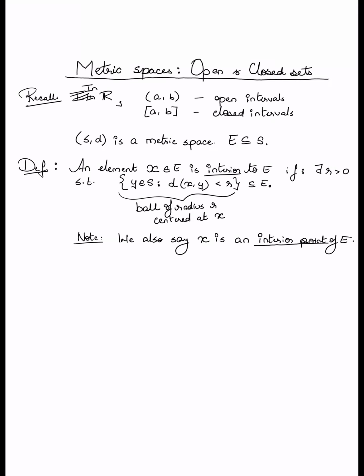Now that we have defined what it means for an element of a set to be an interior point of it, we can define the set of all such points and denote that as the interior of the set E. The set of all interior points of E is denoted by E naught.